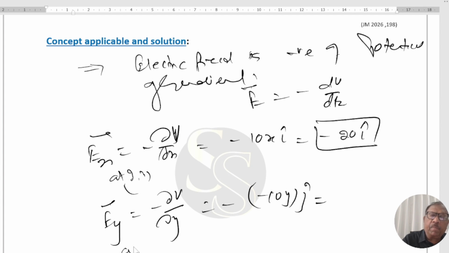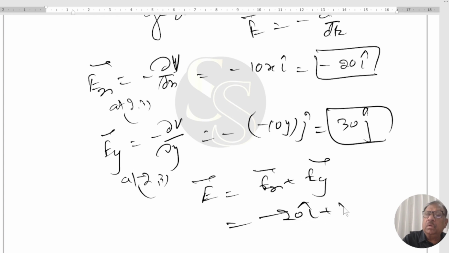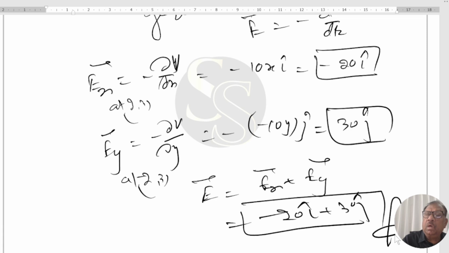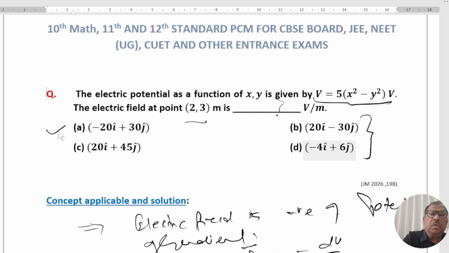At (2, 3), minus minus gives plus 30j. Therefore the electric field equals Ex plus Ey, that is minus 20i plus 30j. This should be the answer. Let's check it. A is the correct option.